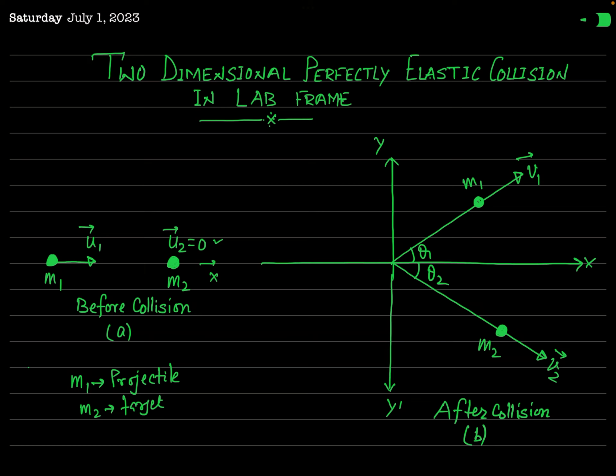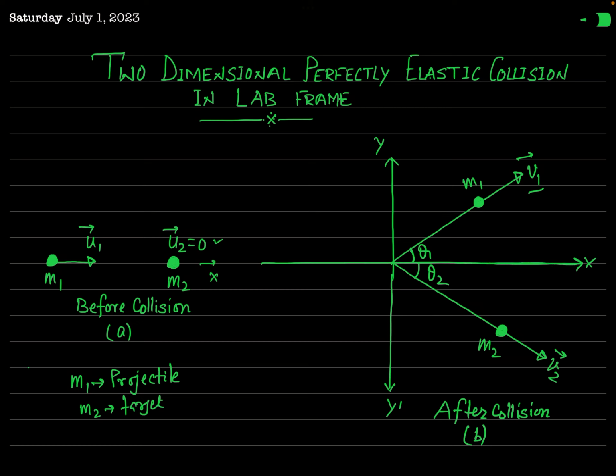Now let us consider that the particle of mass m1 has collided with mass m2, which was at rest before collision, and the collision is perfectly elastic. After the collision, as shown in the second figure B, the projectile of mass m1 moves with a velocity v1, making an angle theta 1 with the initial direction of motion of m1.